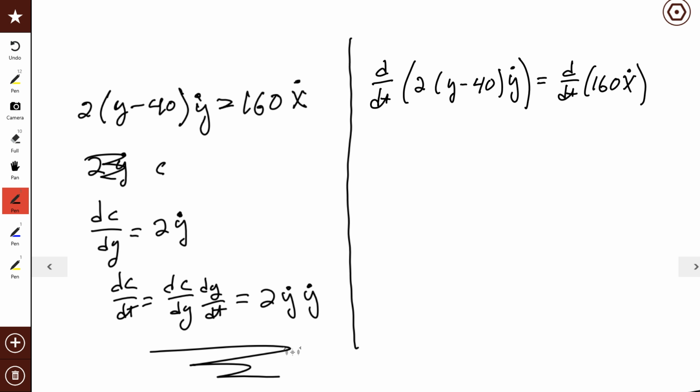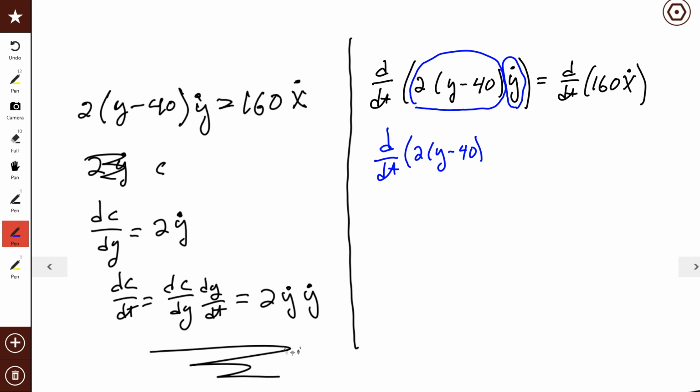Okay, so over here on the left hand side, this is a product. It consists of one term multiplied by a second term. So I'm going to use a product formula. We'll take the time derivative of the first one, so that's d/dt of the first term, 2y − 40, times the second term, plus the first term times the derivative of the second term.